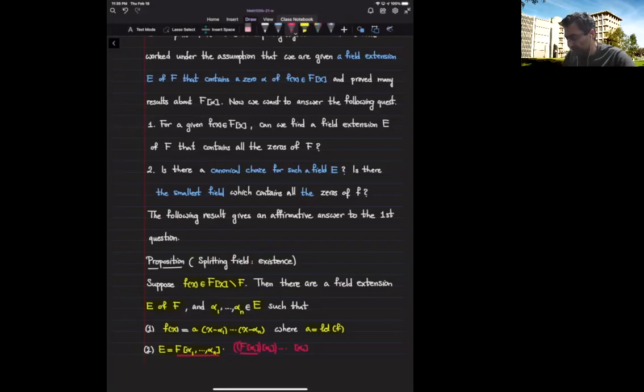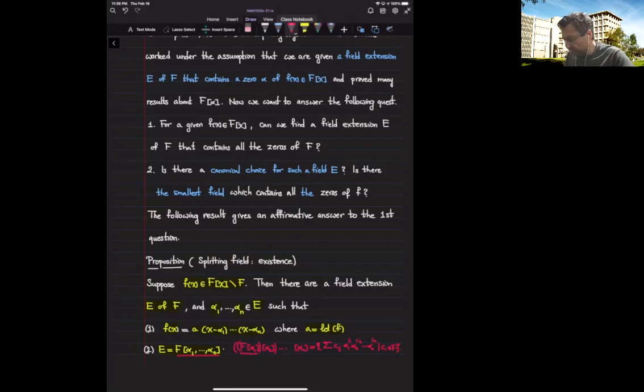So alternatively, I can say that this consists of elements that are of the form the sum over a multi-index of c sub I, times alpha 1 to power I1, alpha 2 to power I2, and alpha n to power In. So again, I'm evaluating a multivariable polynomial with coefficients inside F at the point alpha 1 through alpha n. These are two alternative ways of thinking about this ring.